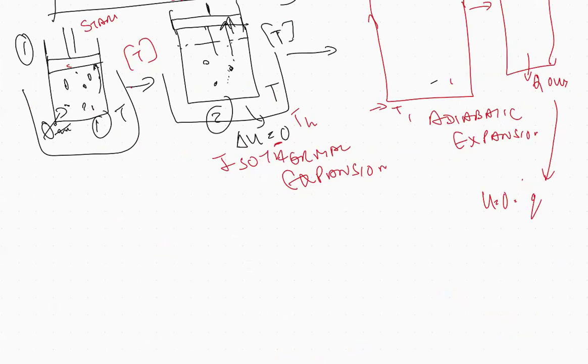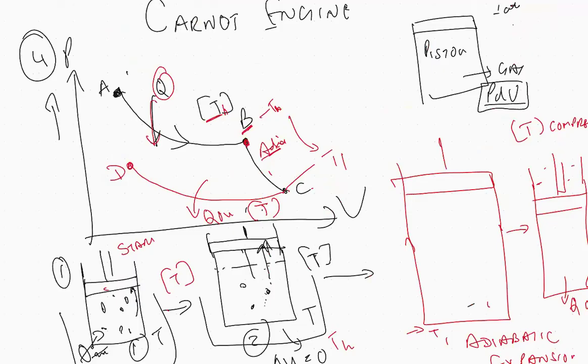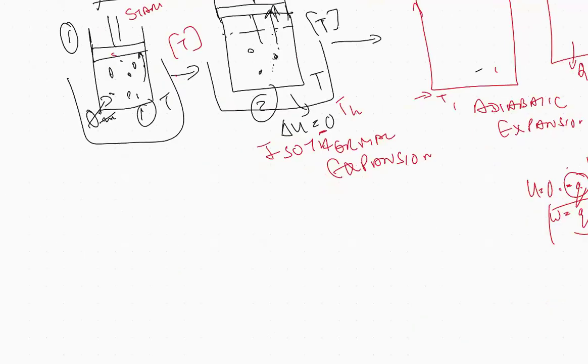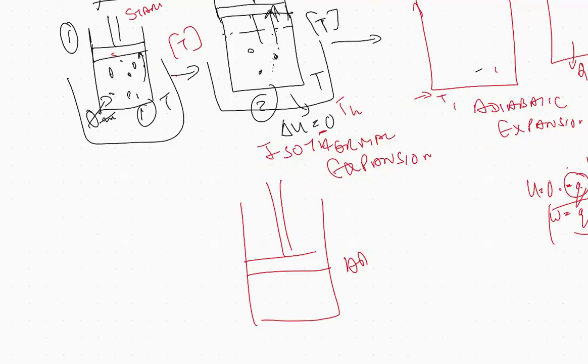So again, W becomes Q, but remember that Q is going out. Then from D to A, again we do the adiabatic compression. This time I can't show it at the same level. So we have compressed it again, but it is adiabatic compression.